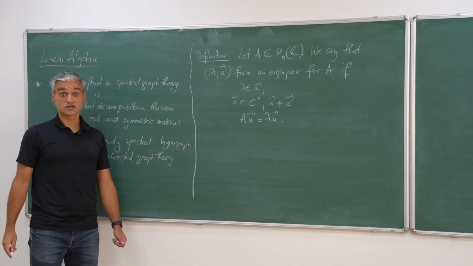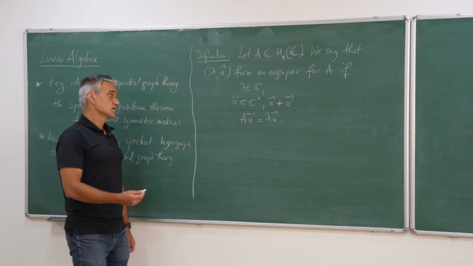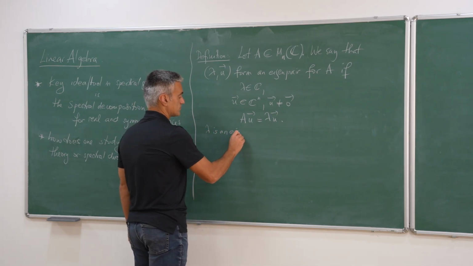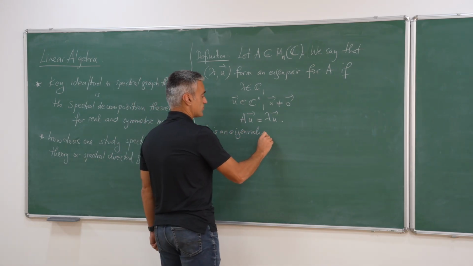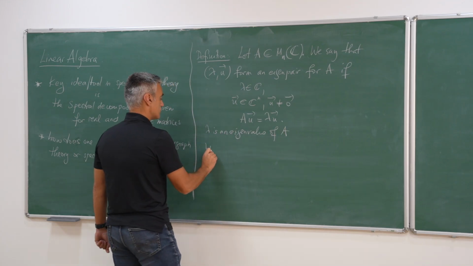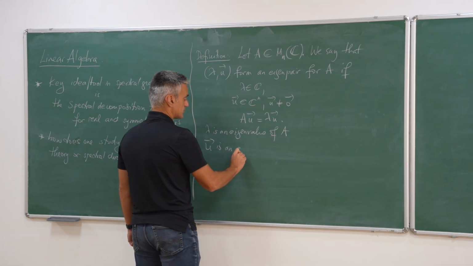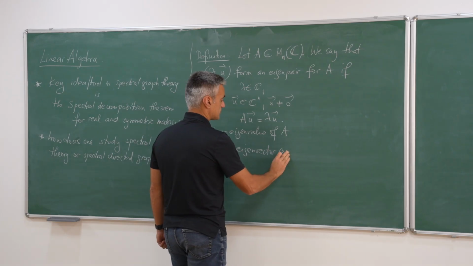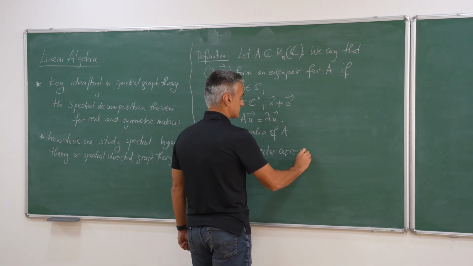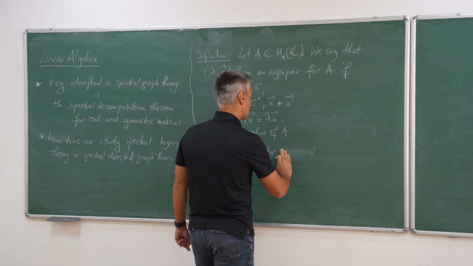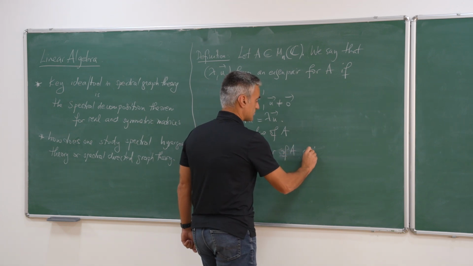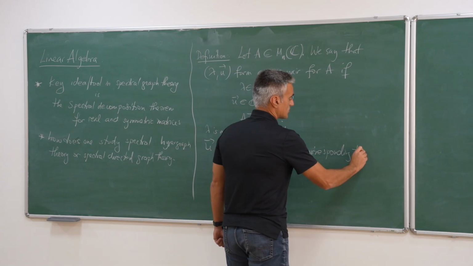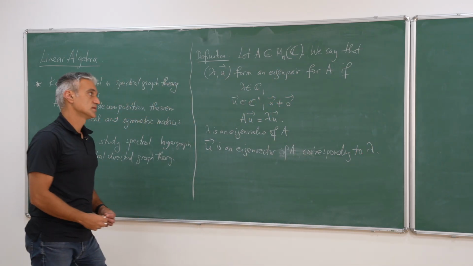Okay, so that is what an eigenpair is, and in this case, lambda is an eigenvalue, and u is an eigenvector of A corresponding or associated to lambda.